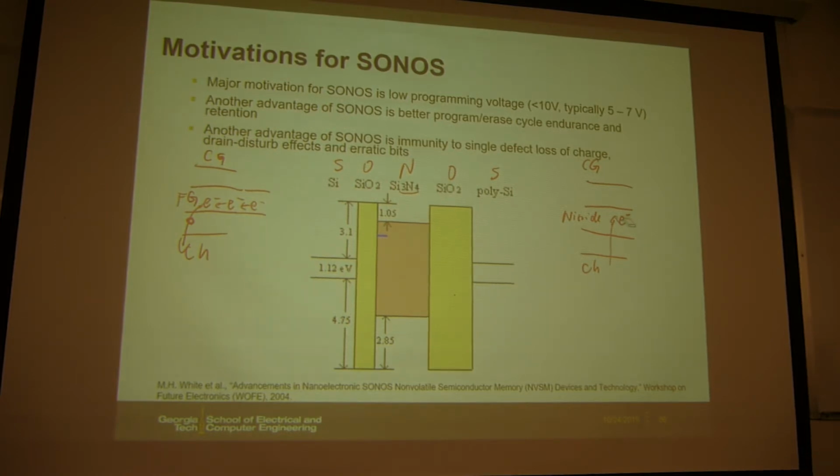So if you have one electron leak out through, for example, the defect here, then the other electrons will not move, because this is an insulator. So the charge or electrons don't move around. So that's why it may show a little bit better retention, right?